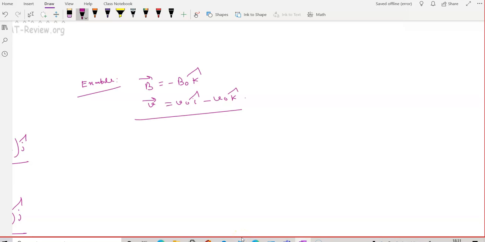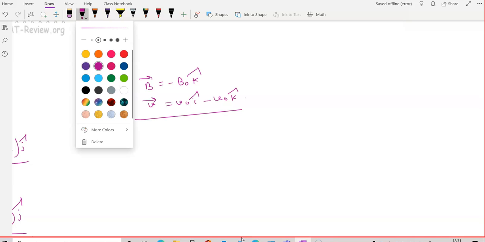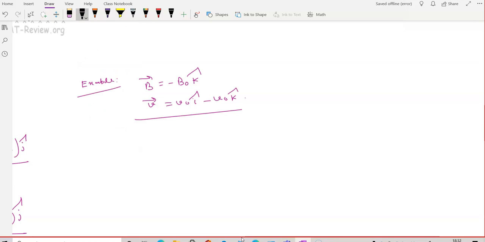This is the magnetic field given in a region. A charged particle enters in this manner. What path will it describe? Probably you are aware of it. It will describe a circular path, as well as it has some motion in one direction.